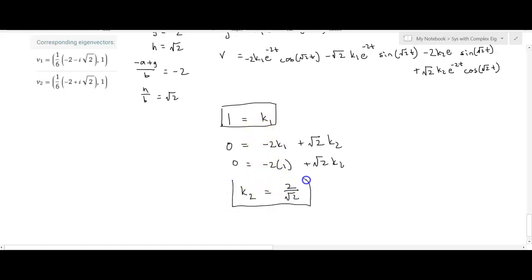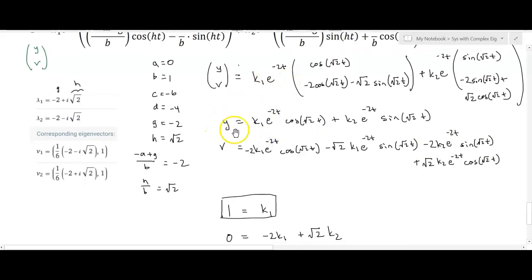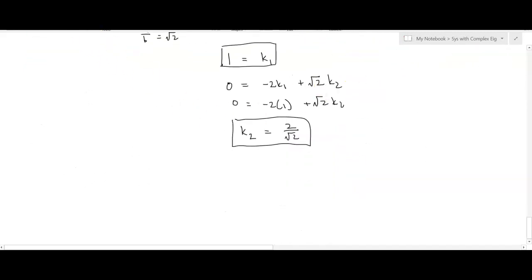Now, we don't need the velocity equation, so it's not like we need to deal with v again. This, remember, is just the derivative of y. So you can take the derivative of y and see that you get v as expected. All we really need is the position equation. So this guy here, we're just going to plug in k1 and k2, and we've got our solution.